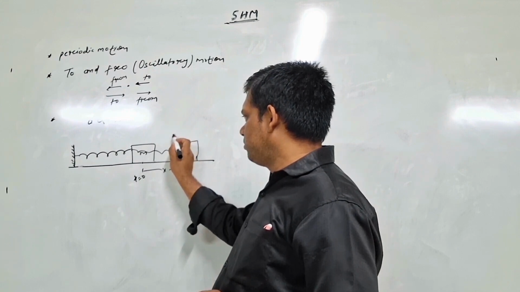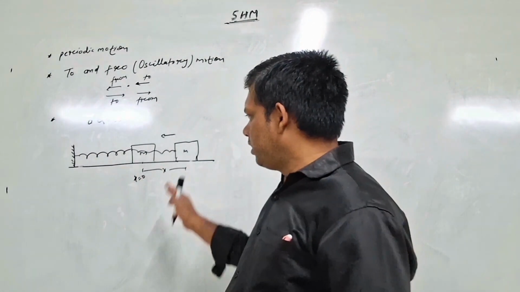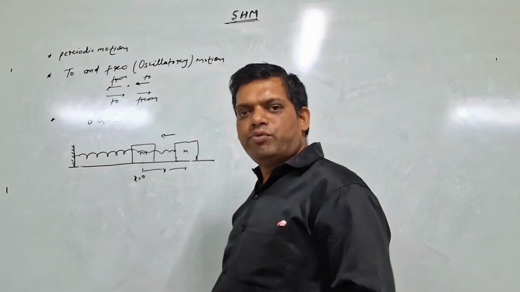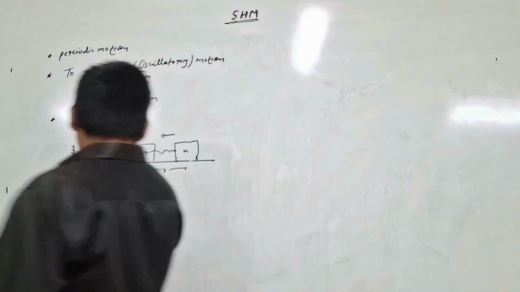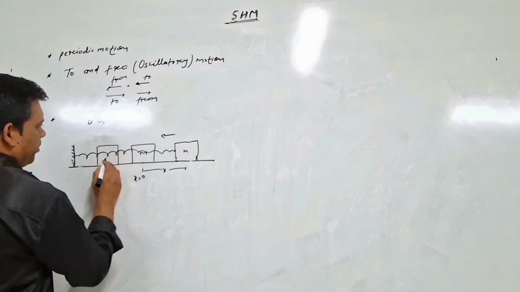Then the body will move towards the mean position, that is x equal to 0, and after reaching the mean position, it will move away from the mean position.